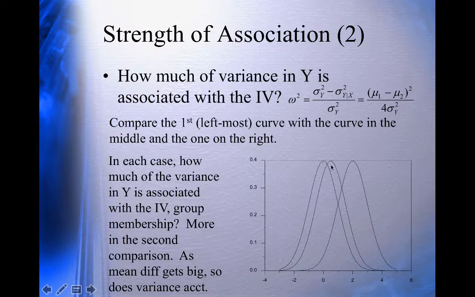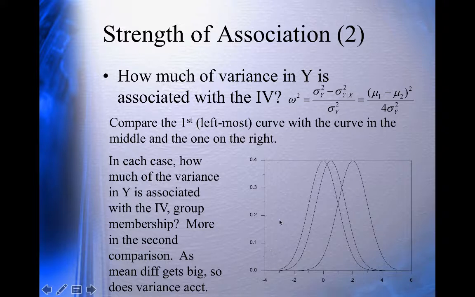So if we look at these two groups, the variance in y is the variance of everybody, and if we subtract the variance of y given x, that's the variance within. And you can see the variance overall, if we subtract the variance within from that total, it's going to be a rather small number, and it's going to be divided by the grand total there.